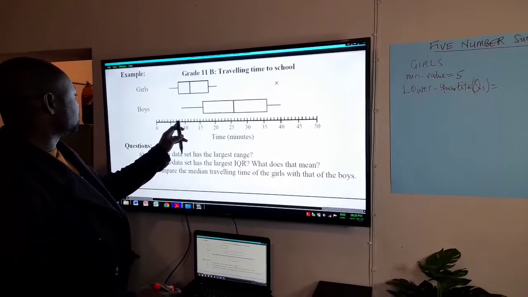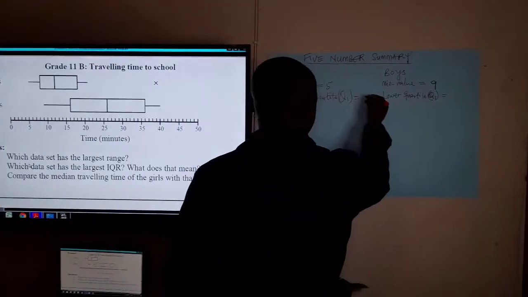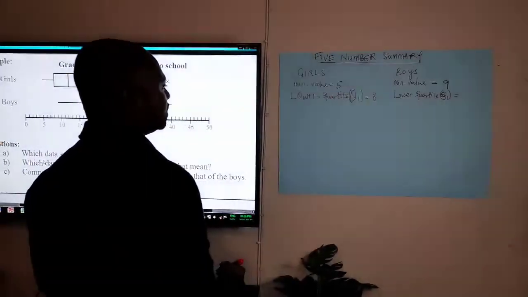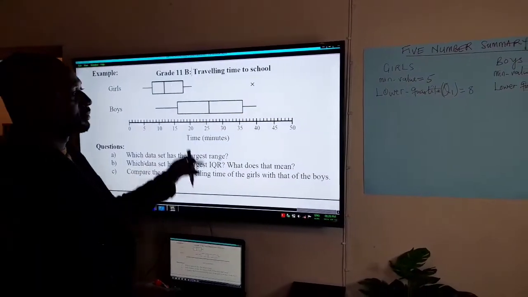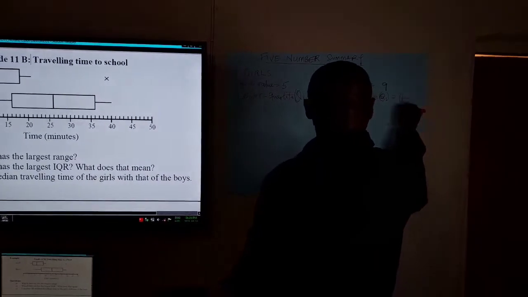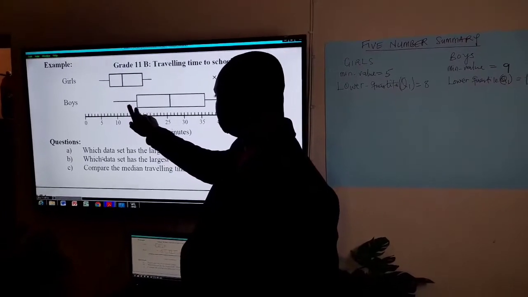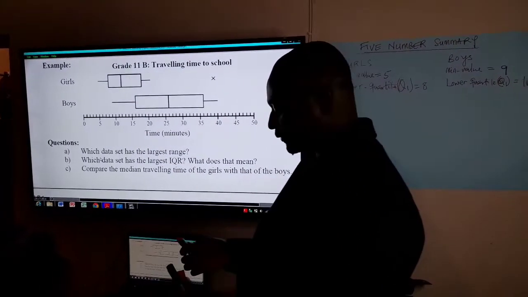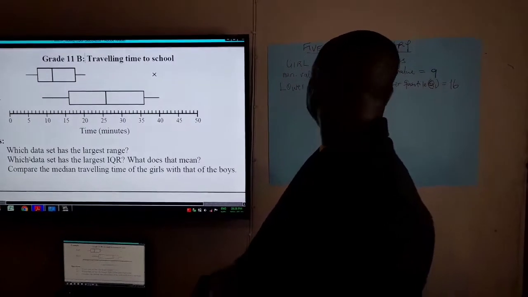So our lower quartile is 8, and our lower quartile for the boys is 16. You can see 16. The left end part of the box is 16.